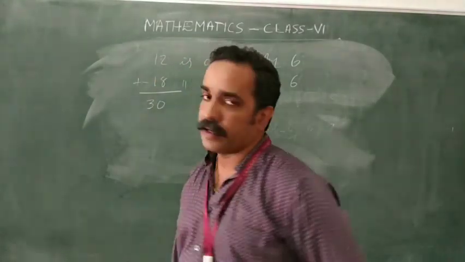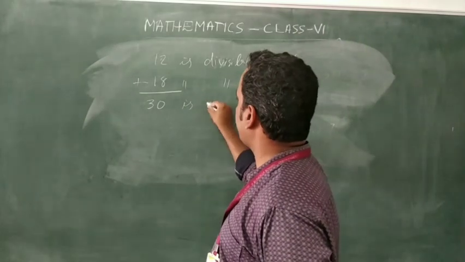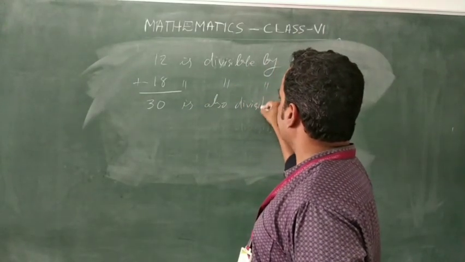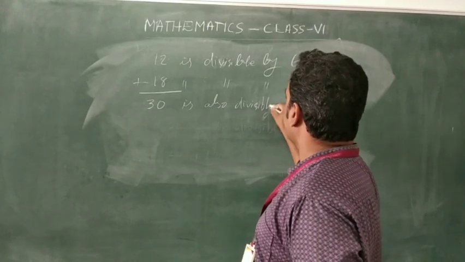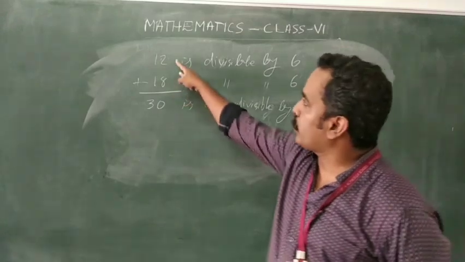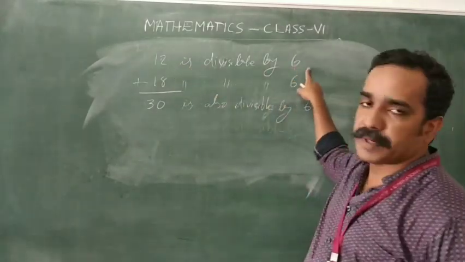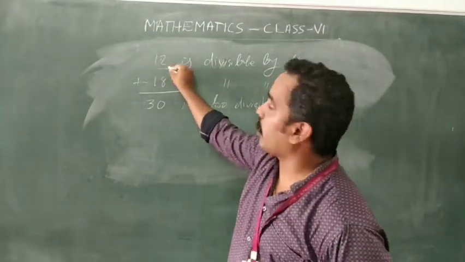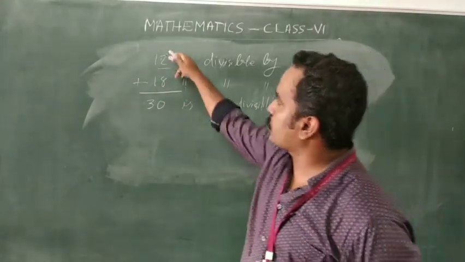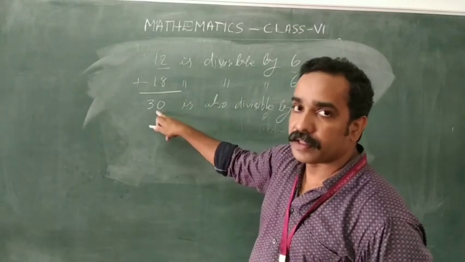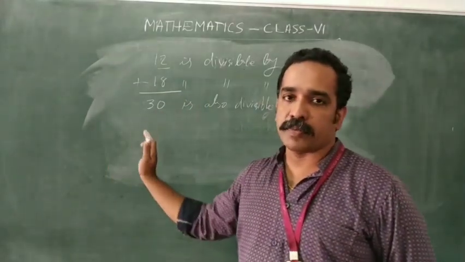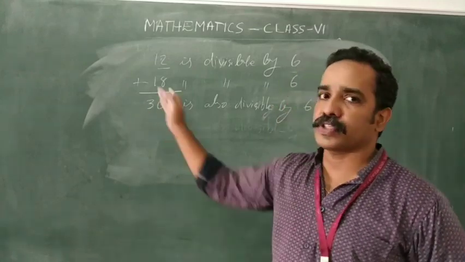You will get 30, and 30 is also divisible by 6. Understood? If two numbers are divisible by the same number, for example, 12 and 18 are divisible by 6, then 12 plus 18, 30, is also divisible by 6.